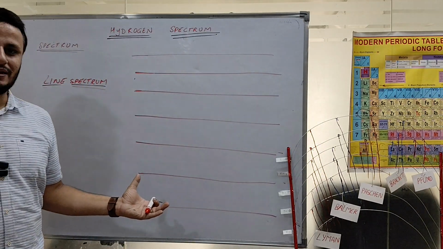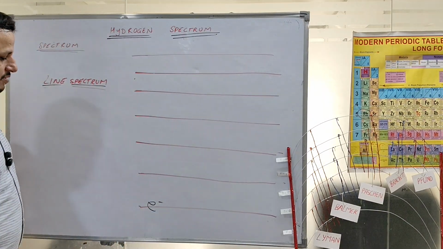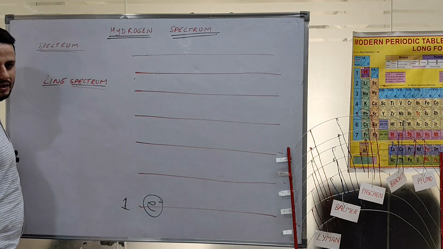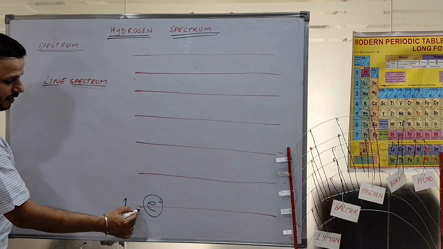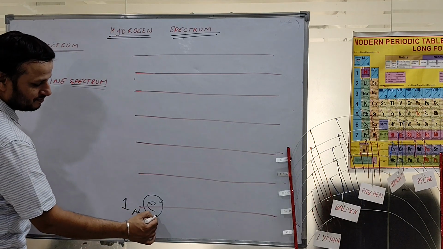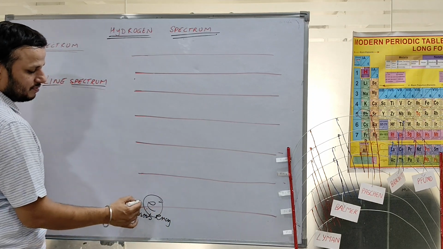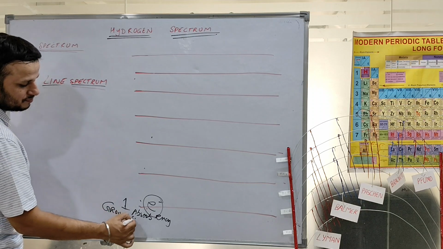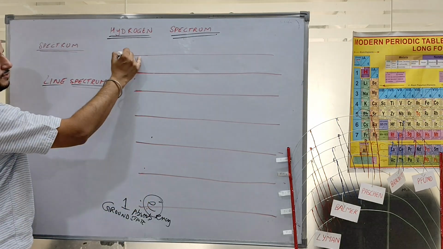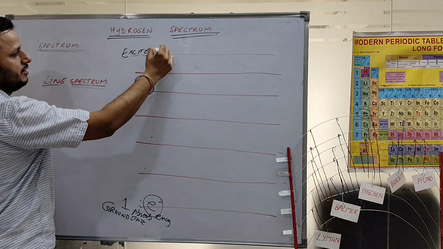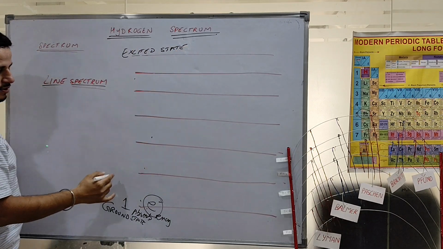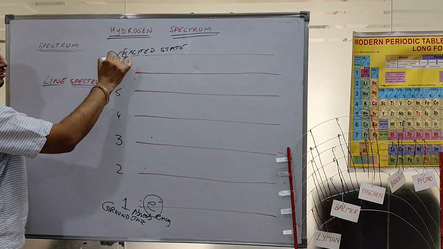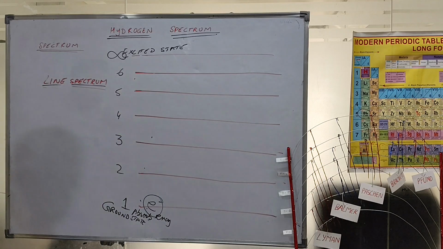when electron gets energy, in hydrogen the electron is present in the first level. When it absorbs energy, it moves to higher level. From ground state, electron moves to the higher level, which is known as excited state. And from there electron can move to second, third, fourth, fifth, sixth or infinity.